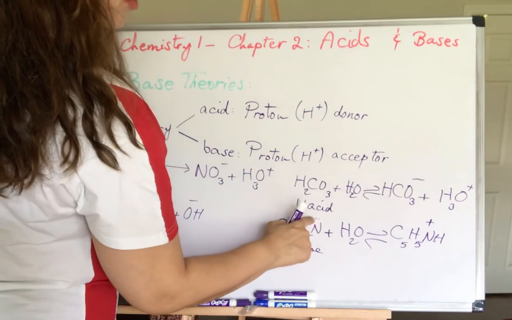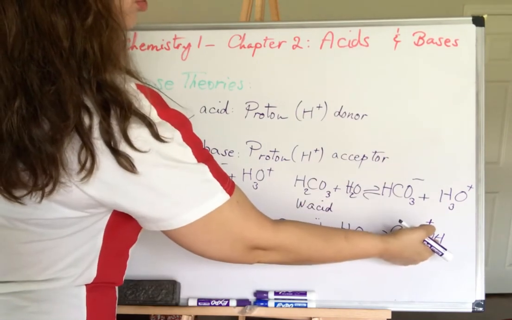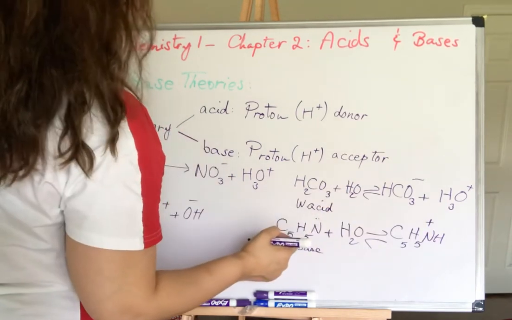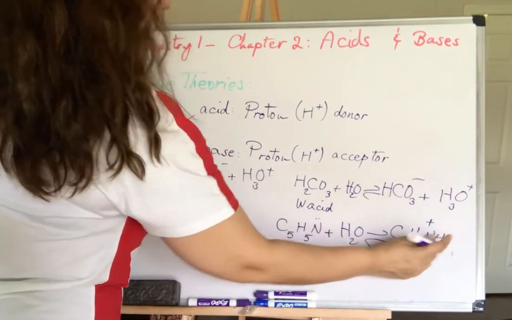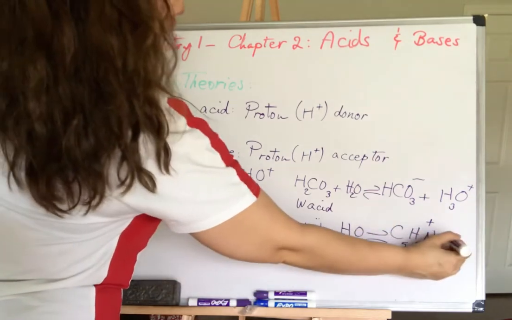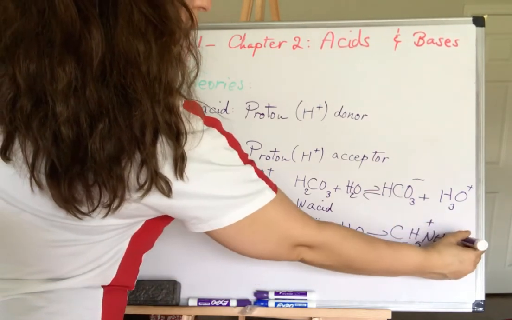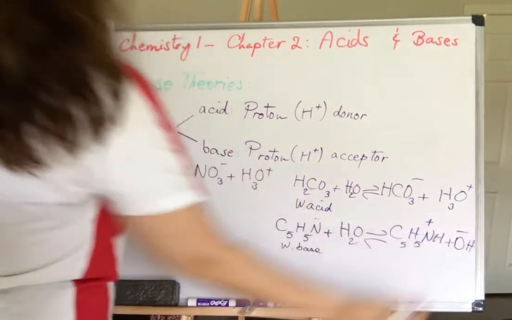The lone pair of electrons are used to form a bond between nitrogen and hydrogen. So a positive charge will remain on nitrogen because it absorbed the hydrogen proton. And OH will be released.